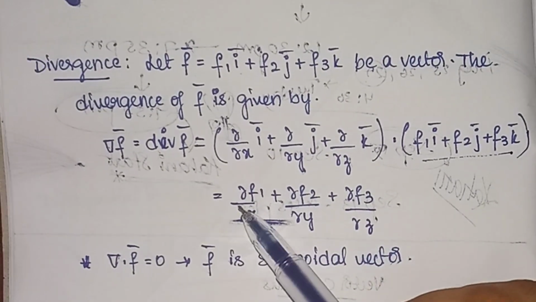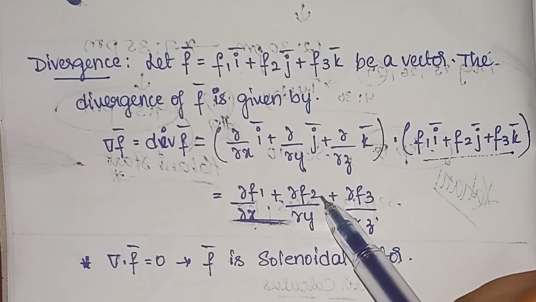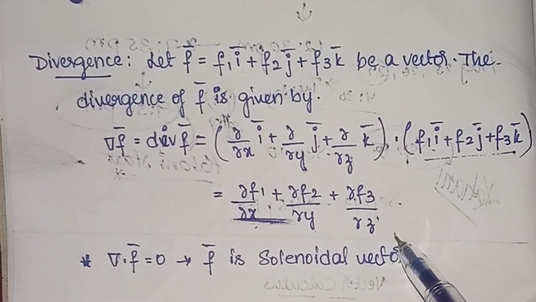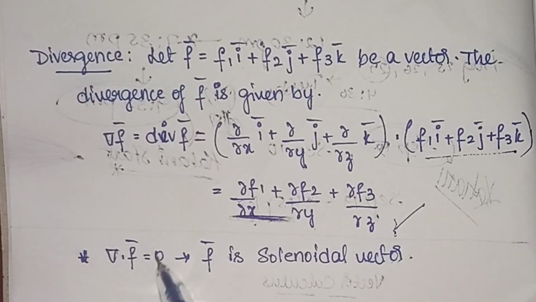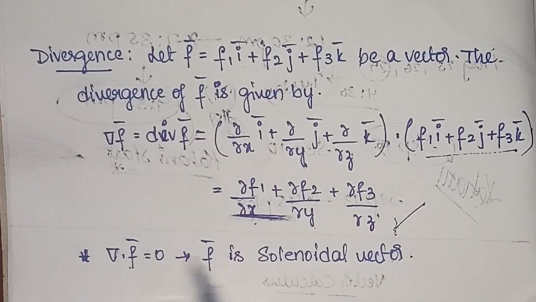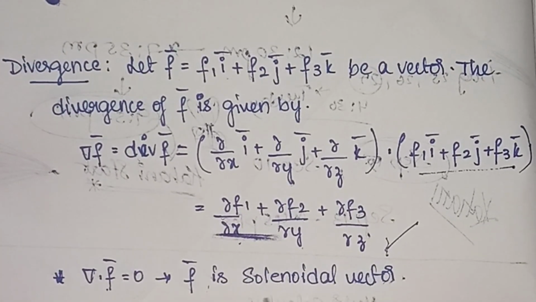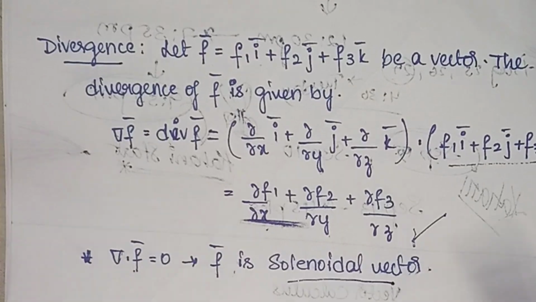Then this becomes dou f1 by dou x plus dou f2 by dou y plus dou f3 by dou z. This is the formula. While solving this, if your divergence is equal to 0, then that vector is called a solenoidal vector.